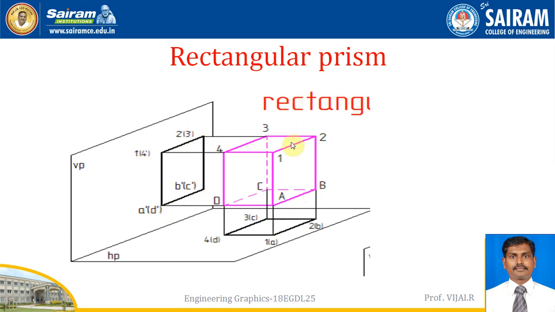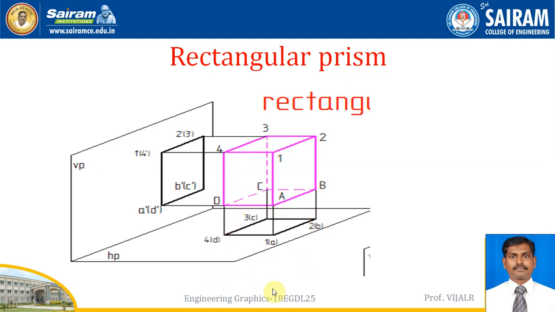In the top view, I can see only the top face, 1, 2, 3, 4, but I cannot see A, B, C, D since they are at the bottom. So visible edges 1, 2, 3, 4 are written plainly, and you have to give A, B, C, D in brackets.